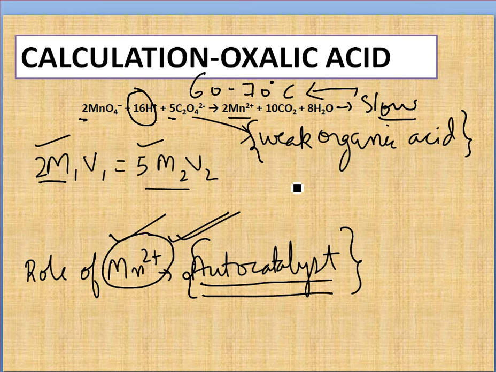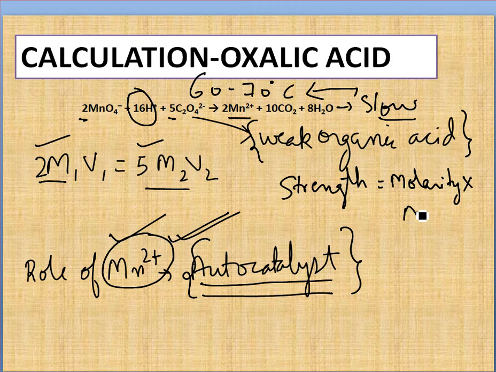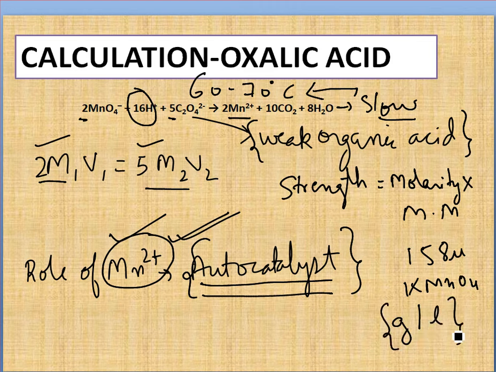Now talking about the strength. If strength is asked in the question, then what will you calculate? You have to calculate molarity into molecular mass. Molecular mass 158 of KMnO4 you have to take. Remember that, and it will be in gram per liter. Strength in gram per liter.